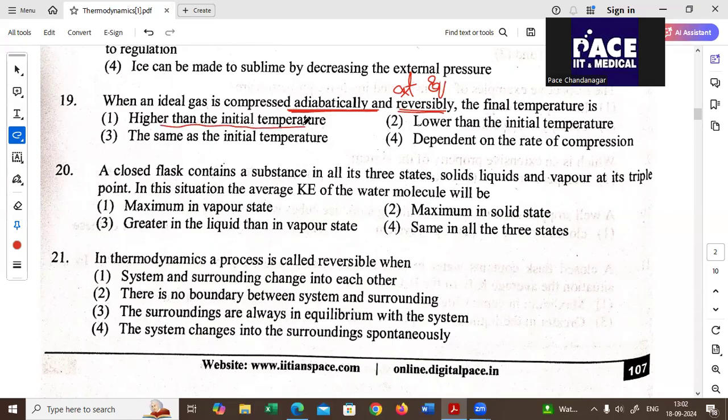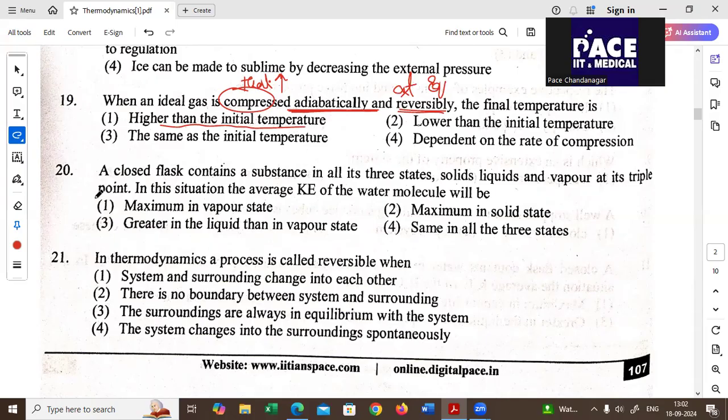Why? Because when the gases are compressed, heat is produced and that cannot be lost. Adiabatic, so heat is not lost. As they are compressed, a lot of collisions happen. Heat is produced, so the temperature is at a higher value as compared to the initial one. In an adiabatic change, there is no transfer of heat going on there.